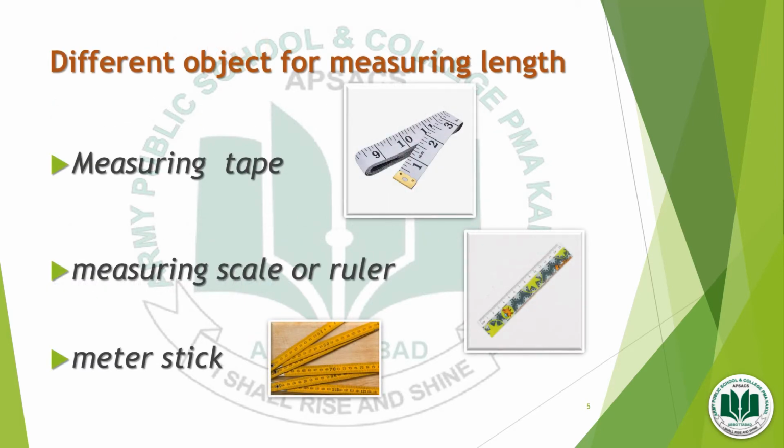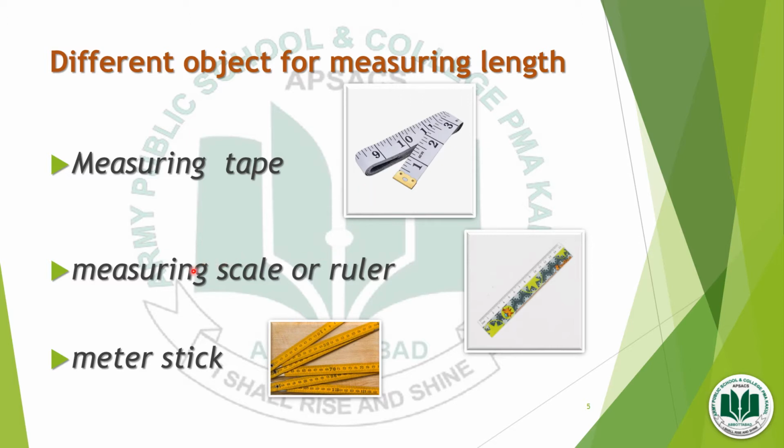Here are some instruments which are used for measuring length. Most of the students are familiar with these instruments. You have seen them in your daily life. First we have a measuring tape, and you have seen that this measuring tape is used for measuring the length of bigger things. For example, the length of a classroom, room, or any other place.